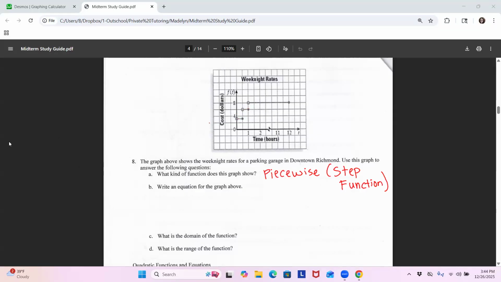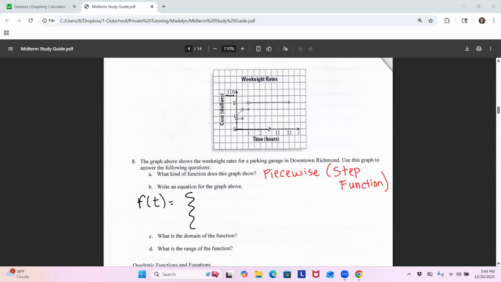Write the equation for the graph. Okay, so f of x, or f of t, because you can see it's given in time. All right, if you park from 0 to half an hour, so 0 to half hour, you are going to pay, I really wish that was smack on, what, 3.50?